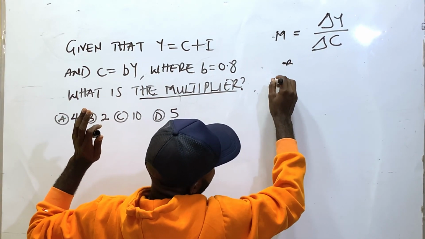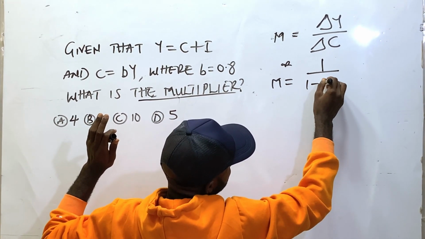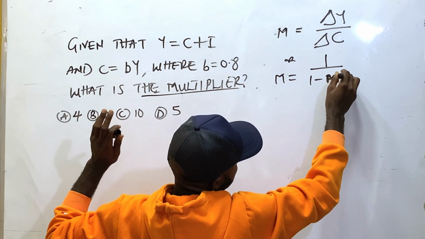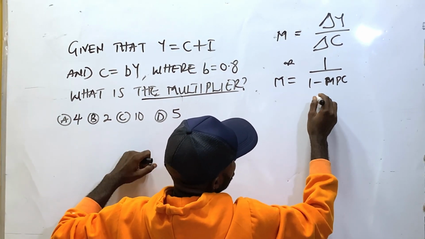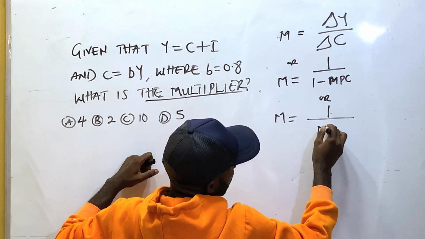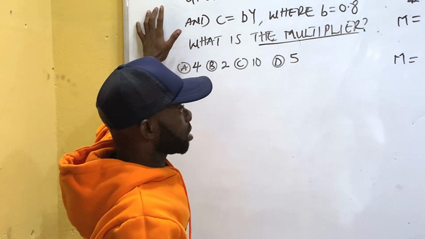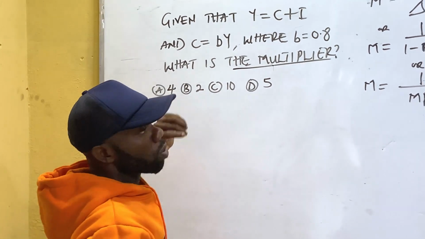Or multiplier can also be 1 over 1 minus MPC, or multiplier is also equal to 1 over MPS. Having a good knowledge of national income accounting, let's look at what this question wants us to do.